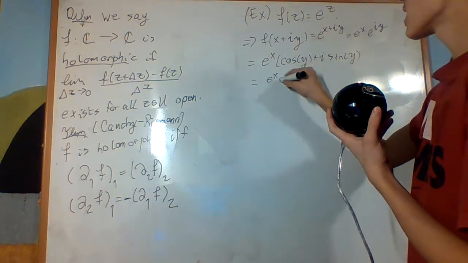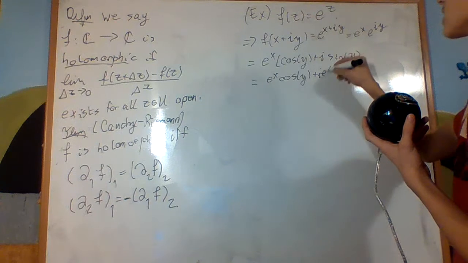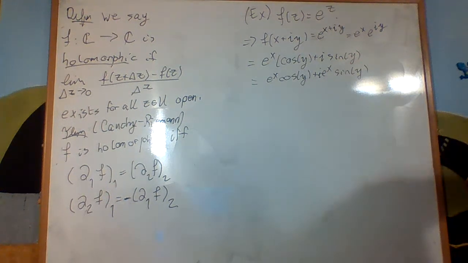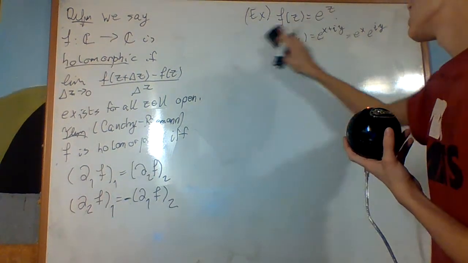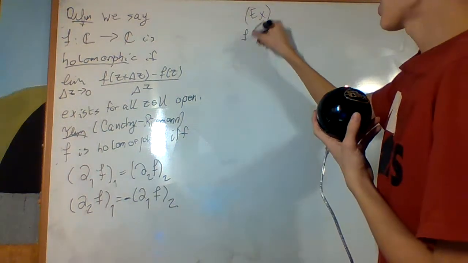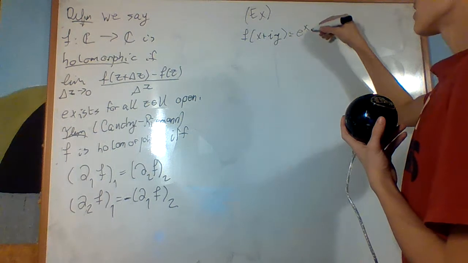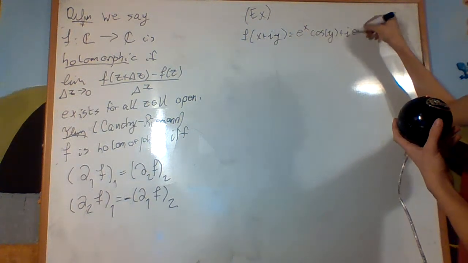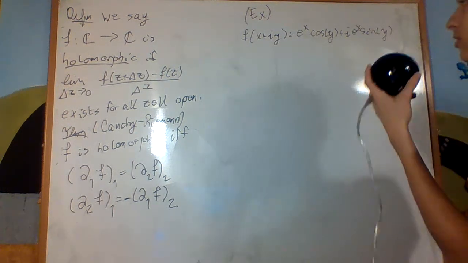Equals e to the x cosine y plus i e to the x sine y, right? Okay, so let's just write it like that. So f of x plus iy equals e to the x cosine y plus i e to the x sine of y. Okay, why is this holomorphic?